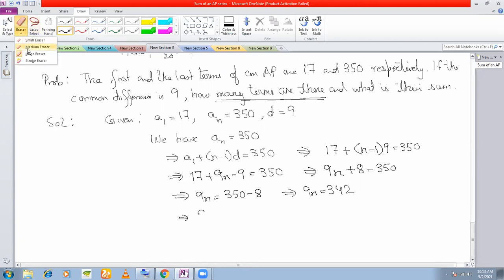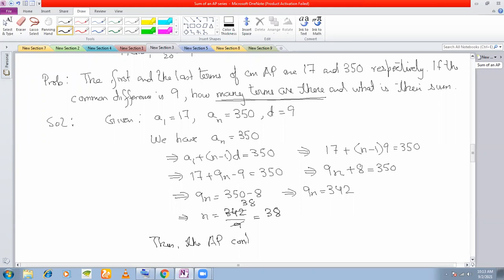So N is equal to 342 by 9. Okay, so this will cancel, I think. 9, 3 and 8. 38. So how many terms are there? Thus the AP contains 38 terms.